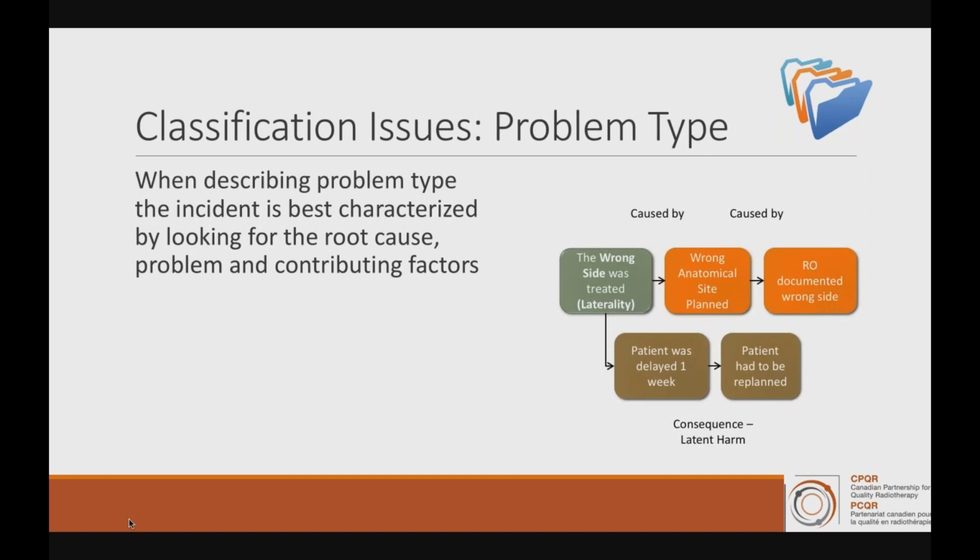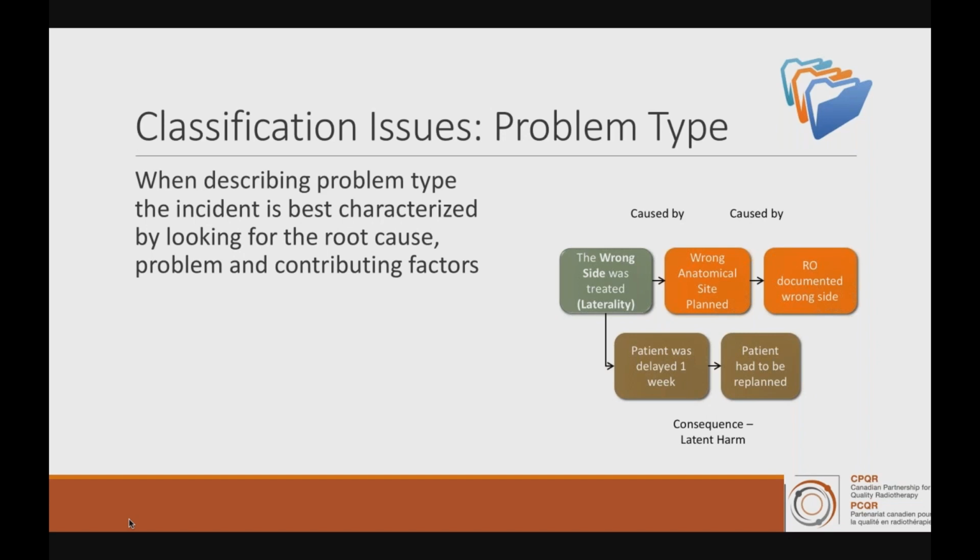If you're going to a root cause analysis, distilling it down, the root cause being the wrong side was treated, laterality would be your problem type. Then working from a root cause analysis point of view, there are some other issues that may arise from it, such as the patient being delayed 1 week. Maybe we do come up with some solutions to deal with that.